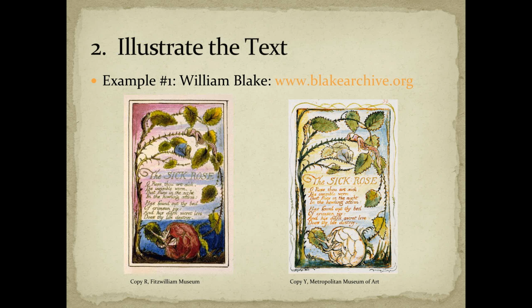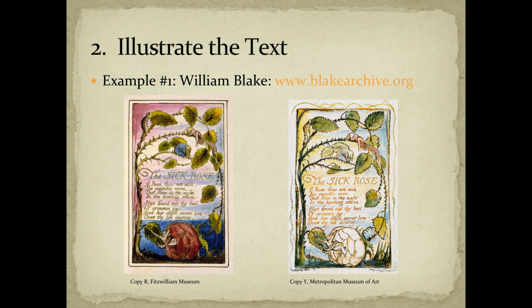So the questions would be things like, how does Blake's coloring and shading and additions to the image set the tone of the poem? What words in the poem seem to be emphasized by the different versions? So that, again, they have to do close reading, but maybe it's a deeper form of close reading because they have to be looking very, very carefully at these images and their coloring.